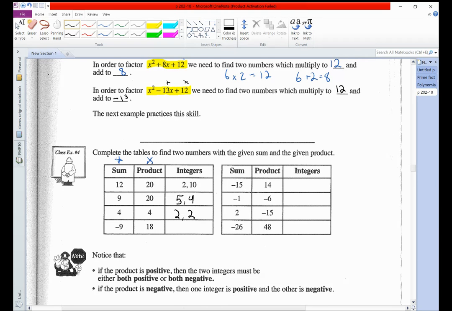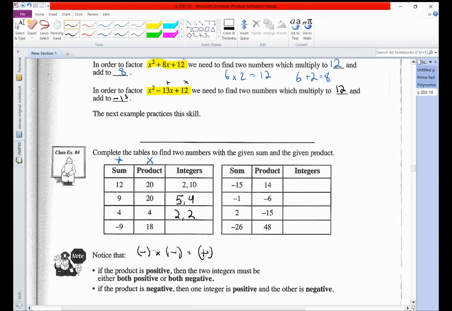This one is where it gets a little bit harder. A lot of times you can't just do this right away in your head. So we're looking for two numbers that add to negative 9 and multiply to positive 18. And this is where you have to remember that if you multiply a negative and a negative, you end up with a positive. If you multiply two negative terms, you get a positive. And if you add two negatives, you're going to get a negative.